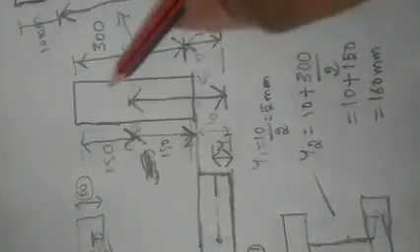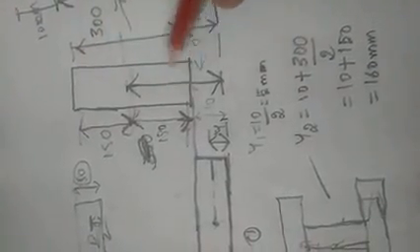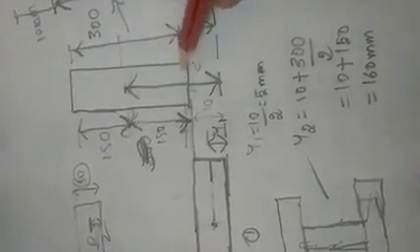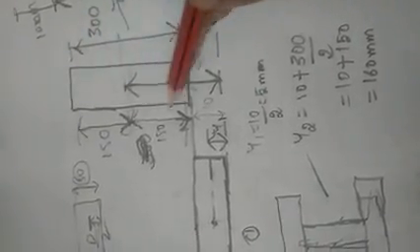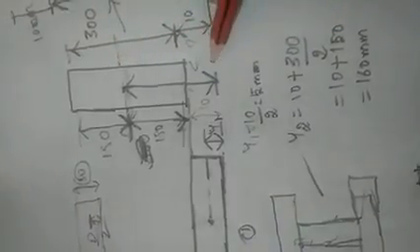Next, y2 you have to determine. Here the height is considered to be 300 mm. It is given in the question, in the section. Whatever the section is, see here, this is the section. In this section the height is 300, so the center will lie exactly at 150. But you need to determine the distance from here to the reference axis.